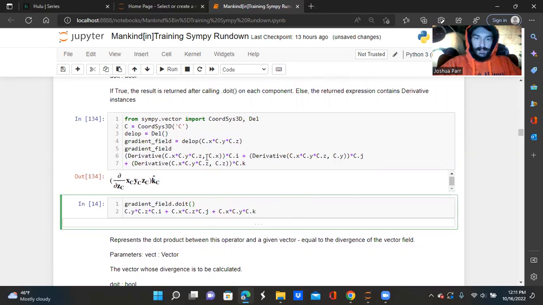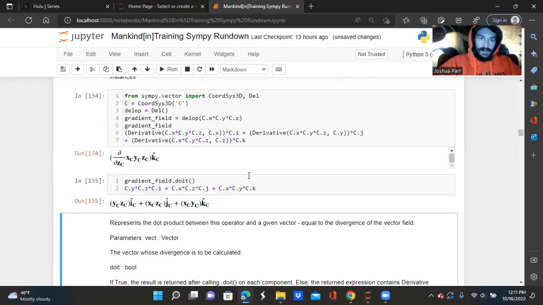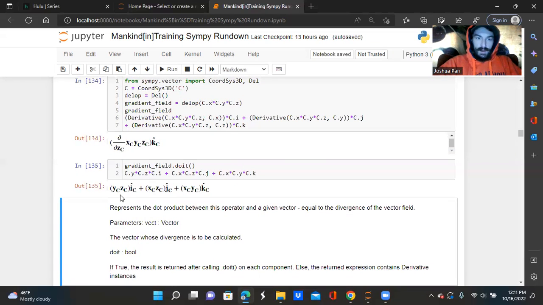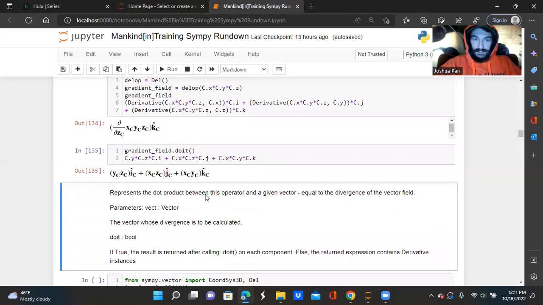And now I'm going to do it to the gradient field. And I'm going to get yc zc times i hat of c plus xc zc j hat c plus xc yc k hat of c.